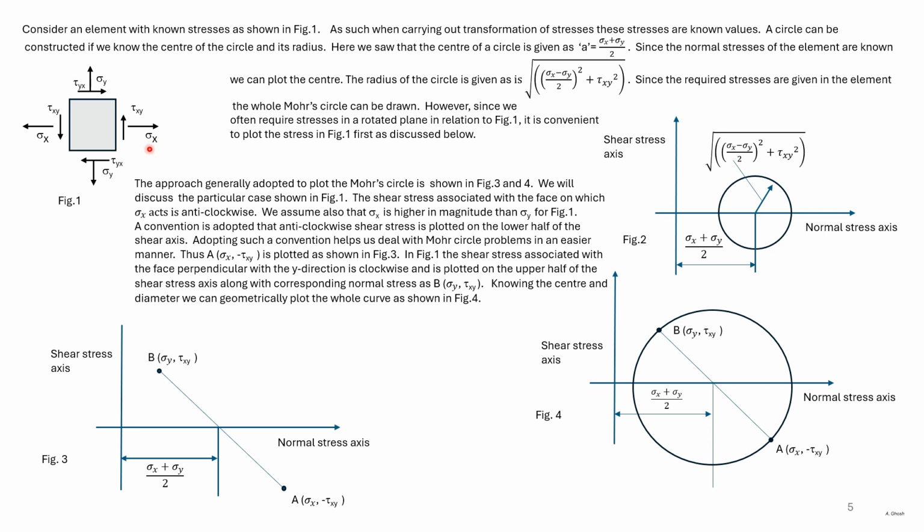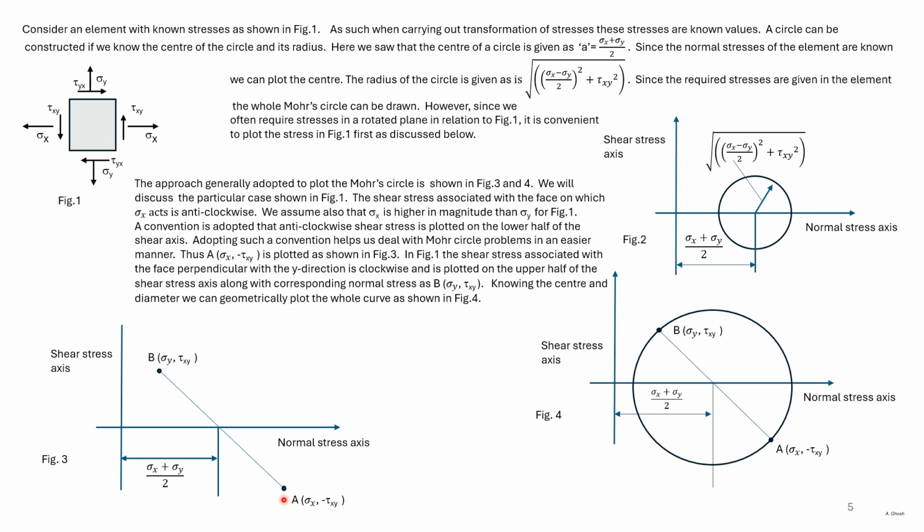So the normal stress and the shear stress here have been plotted as point A. Tau yx has the same magnitude as tau xy. However, as we can see, it forms a couple in the clockwise direction and therefore is positive. So we have plotted point B as shown.